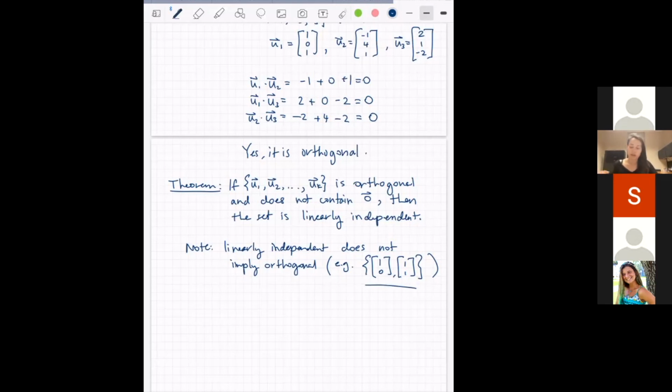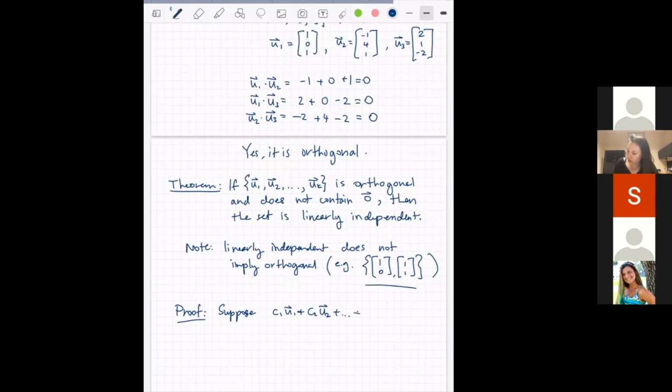So say we have this set right here, u1 up to uk, and we want to look at that linear combination of these vectors.